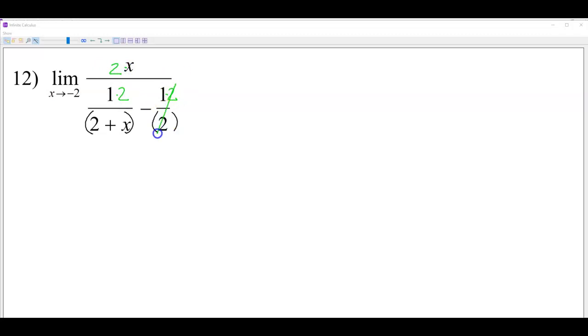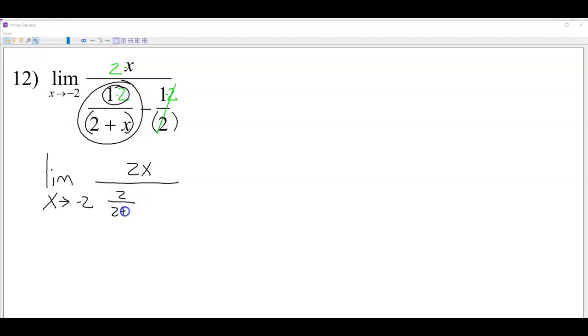Now, that cancels those out. So I got rid of one of my denominators there by doing that. On the top now we have 2x, and this now is going to be 2 times 1, which is 2 over 2 plus x, minus, and since these 2's canceled, we just have a 1 left there now.